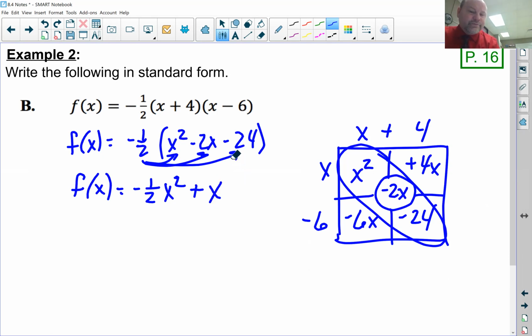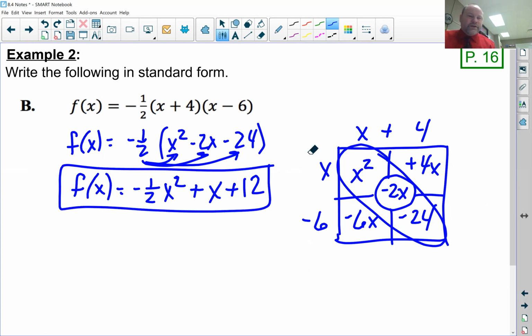And again, with the last term, negative times a negative is a positive. 1/2 times 24 is 12, or half of 24 is 12, or 24 divided by 2 is 12. And there's that standard form.